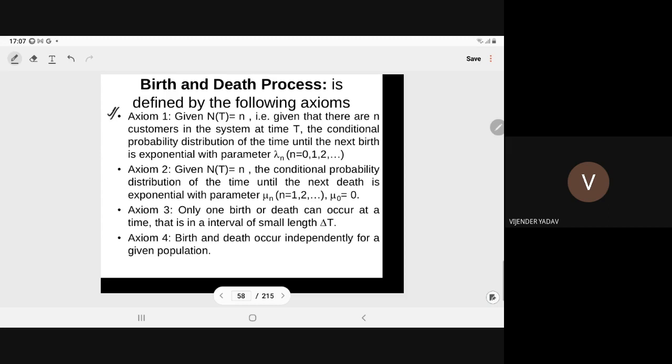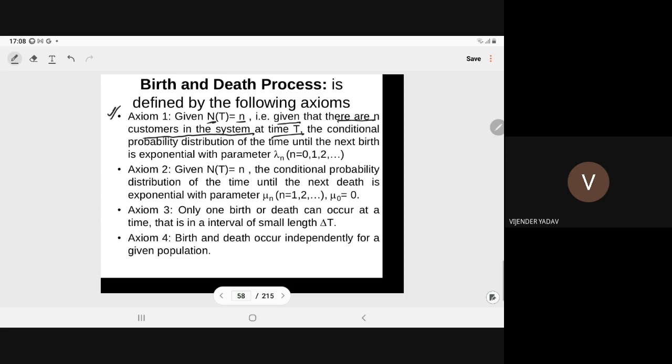What is axiom 1? Axiom 1: given N(t) equal to n, meaning N is the random variable and there are n customers in the system at time t, the conditional probability distribution of the time until the next birth is exponential with parameter lambda n, where n is equal to 0, 1, 2, and so on.